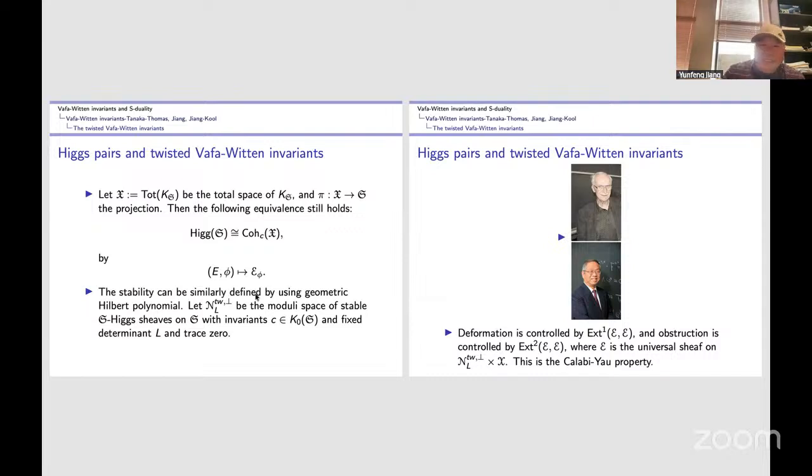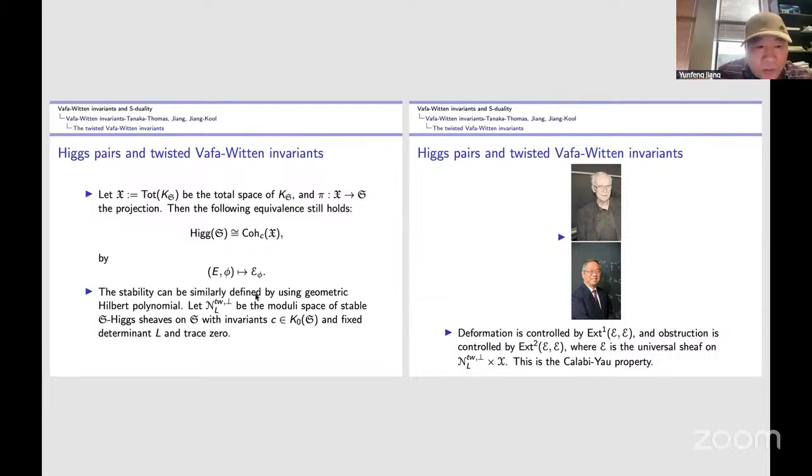This is very similar to the case of the moduli space of stable Higgs bundles on curves. In the curve case, you have the so-called cotangent bundle of the moduli of stable bundles on the curve and some other branches, which also relate to the nilpotent cone. I think this is a very interesting comparison, because the nilpotent cone in the curve case, in the moduli space of Higgs bundles on curves, plays a very important role.